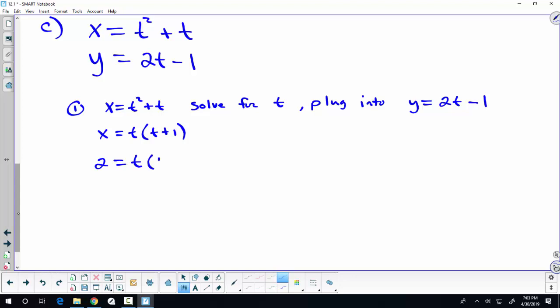So say x is 2, how many solutions to 2 equals t times t plus 1? Really? 2? How many numbers can we think of that can multiply to give us 2? Yeah, well, they have to be 1 apart, but how many of those types of things could we construct?